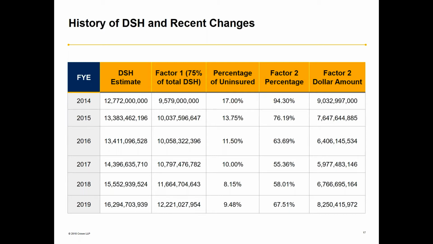So the moral of this slide is the decrease in the uninsured from 2014 to 2018, and now it's starting to slip back up. So that pool, as you can see in that last column, has increased from 6.7 billion in 18 to 8.2 billion in 2019 that will be redistributed to DSH hospitals.